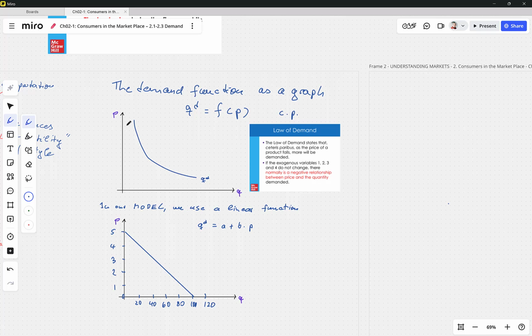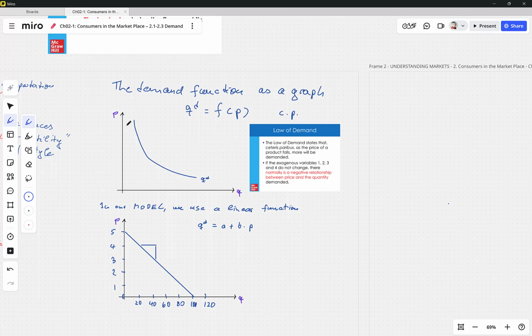The slope we typically illustrate and compute via this little triangle, which in English is called the rise over the run, so the change in quantity divided by the change in price. If I change the price from, let's say, 4 to 3, then the quantity demanded is going to increase.